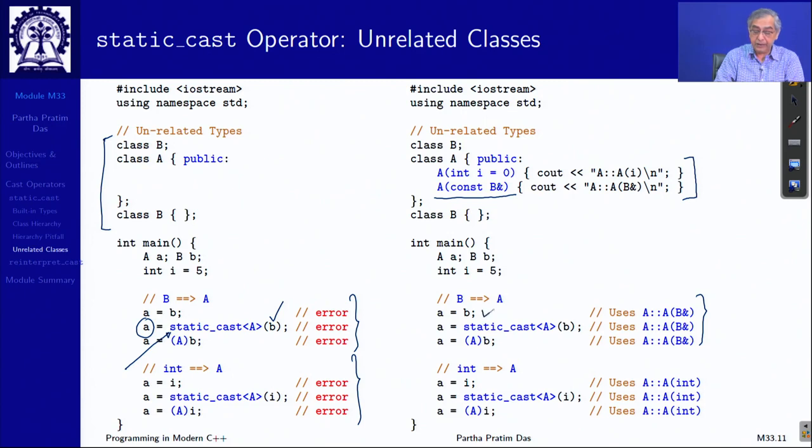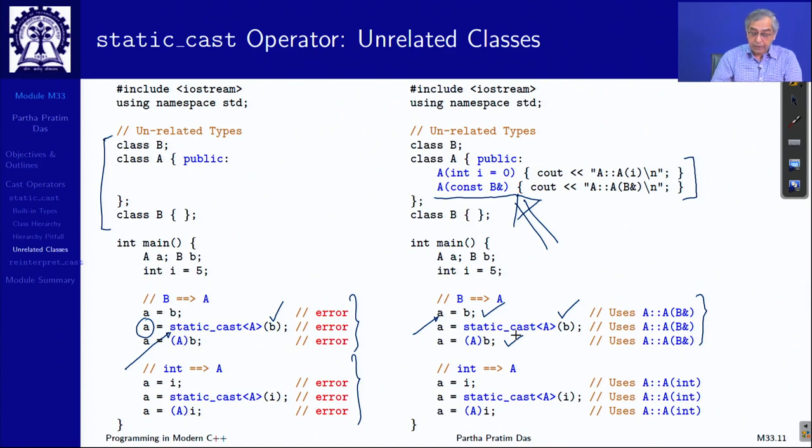Even the implicit cast will become valid, because it sees that there is a B object, it sees that it needs an A object, and it finds that there is a constructor to allow you to do that. So, it will invoke that constructor. Similarly, you can do that by static cast, which is what I will recommend. C style casting also allows it, though we will not recommend that.